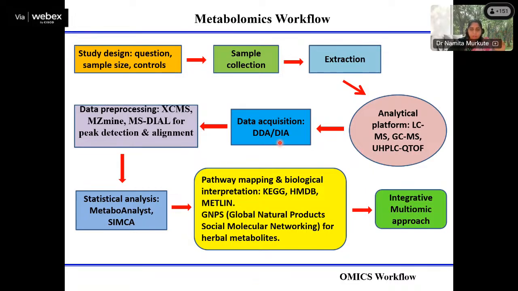It does not see whether ions are of low quantity or high quantity. It will detect all ions which are coming inside the machine. So DIA is mostly used for exploratory omics techniques, meaning for identification of biomarkers. And DDA many times people use in targeted analysis also. If you know that your biomarker has a higher concentration in your sample, then DDA will work well.